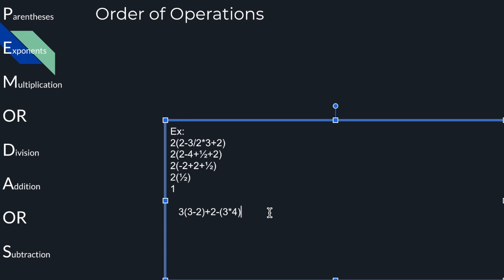Inside our parentheses, we have 3 times 3 minus 2. We're going to make that 1 plus 2 minus, now we have 12 here, 3 times 4. So now we're going to do 3 plus 2 minus 12, which now becomes 5 minus 12.